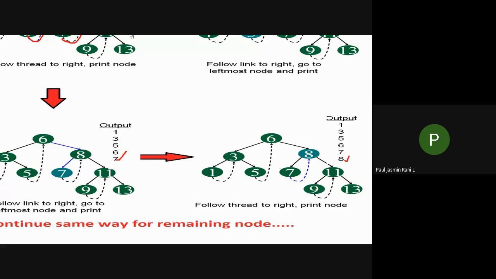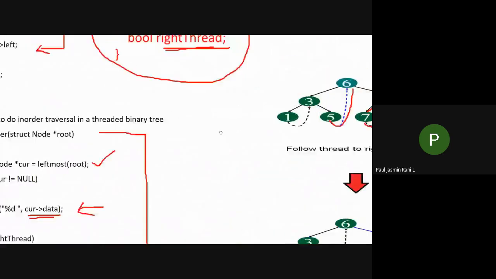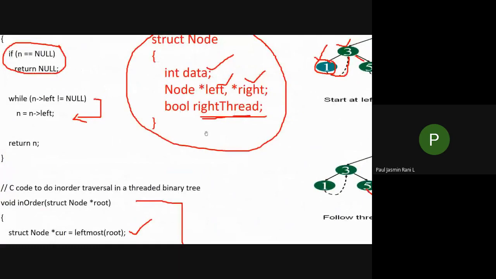Because it occupies another field, it takes more space to store a single element. When you have many records, in that case I go for a normal binary search tree, not a threaded binary tree. If you have a limited amount of data and want a quick search, then I prefer a threaded binary tree.